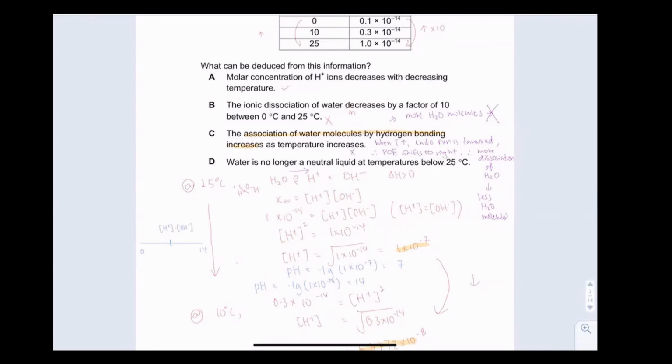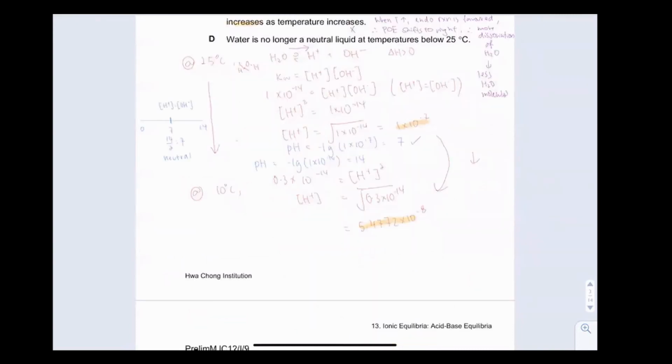Okay, and this is where you have pH 7, because it's 14 divided by 2, the midpoint is 7. And this is the point where, since the concentration of H+ is equivalent to the concentration of OH-, it's neutral. So yep, water is neutral at pH 7 at 25 degrees Celsius.